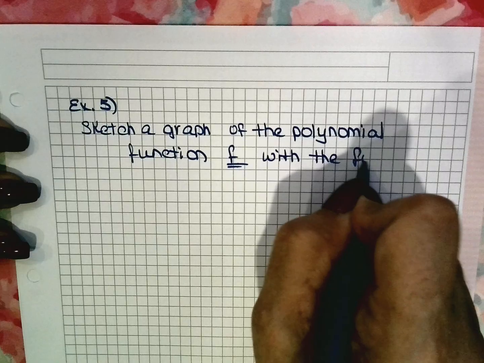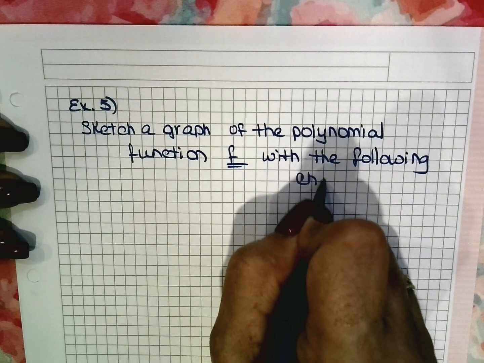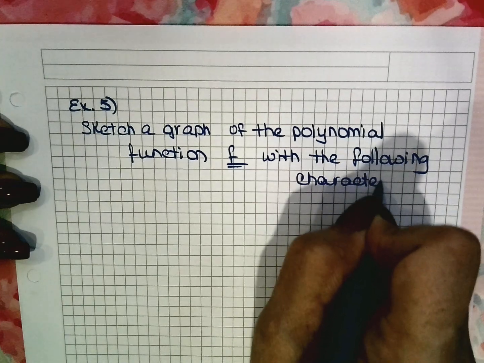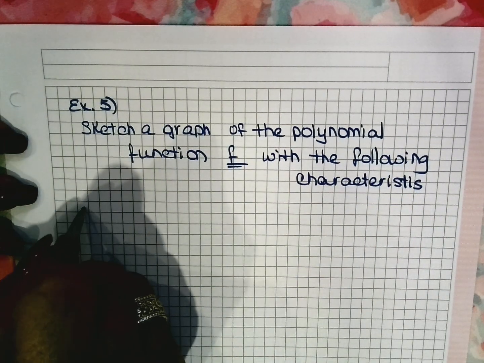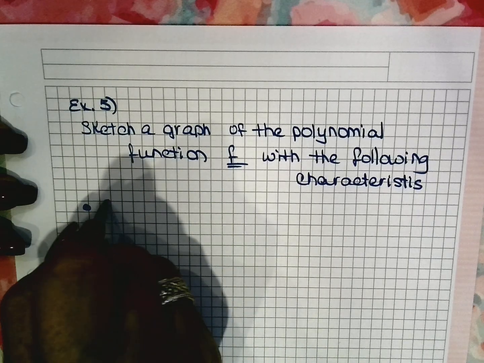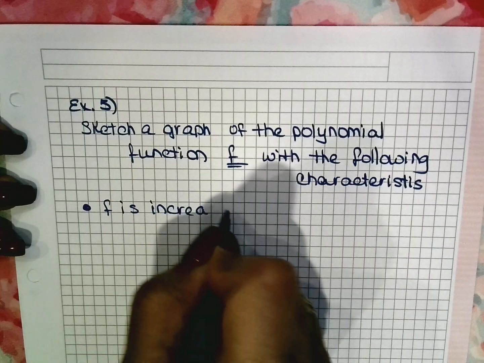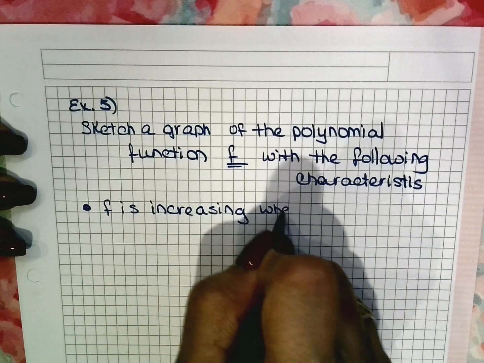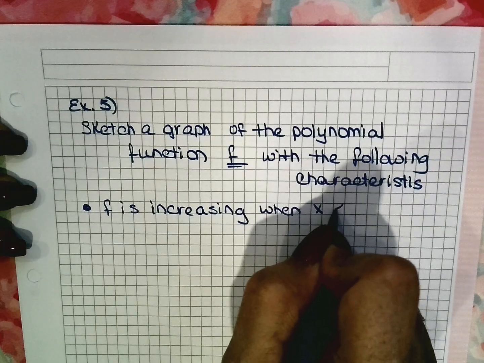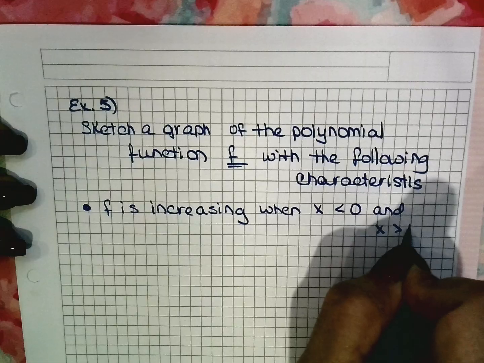All right, so they're going to list these things. First thing, f is increasing when x is less than 0 and x is greater than 4.